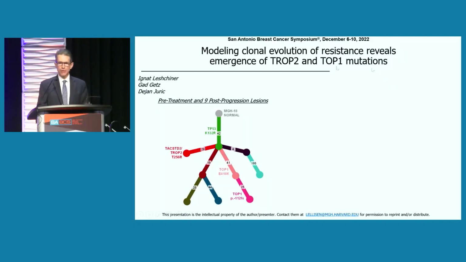What I want to draw your attention to are the two, let's call them the red and the pink branches of evolution, which were prominent in this patient. On the right, you see this pink branch, which was hallmarked by the acquisition of a mutation, not present in the primary tumor, in topoisomerase 1. This was very exciting for us to see, because the mutation was E418K.